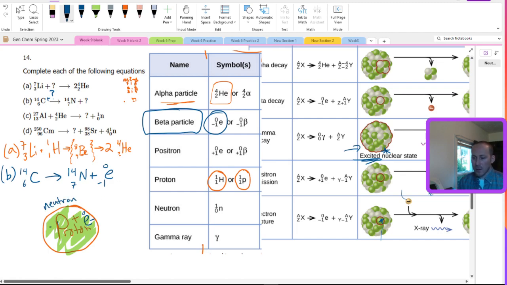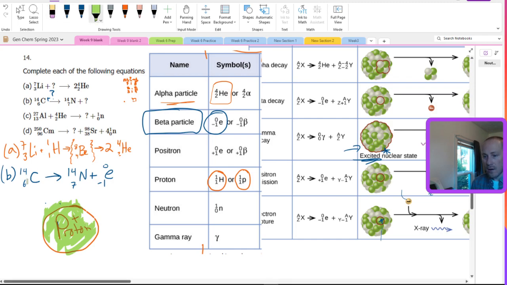An electron glued onto a proton is a neutron. So if the neutron loses that electron, now it's no longer a neutron, now it's a proton. That's what's just happened here in B.